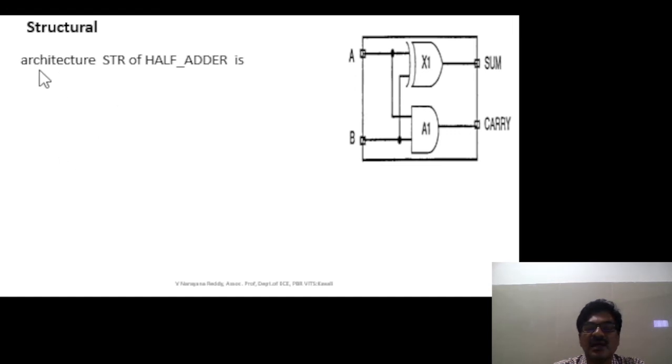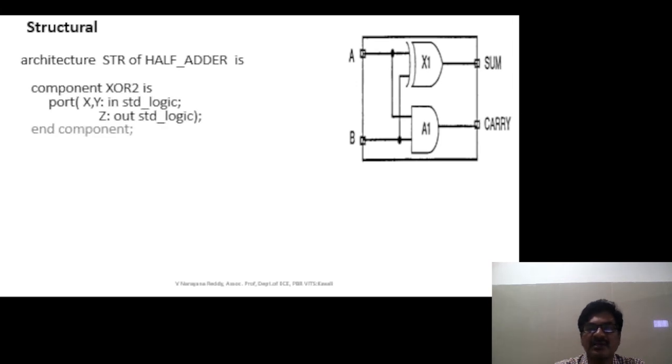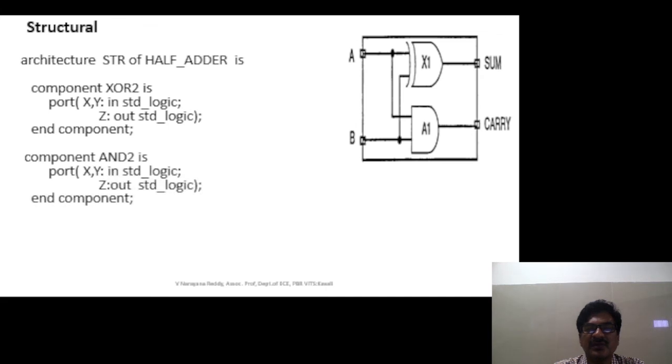Now see the writing of the architecture in the structural model. Start with the word architecture followed by the architecture name. Here I am giving the name str of adder is. Then I said one component declaration is compulsory, but here we have two different components, so you have to write two component declarations: one for the XOR gate and another for the AND gate.